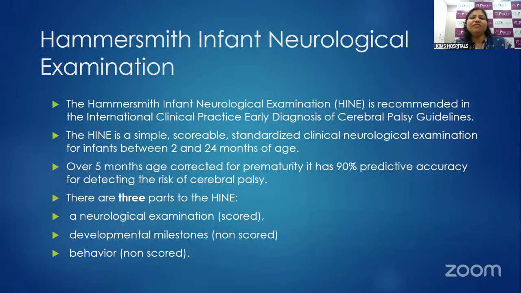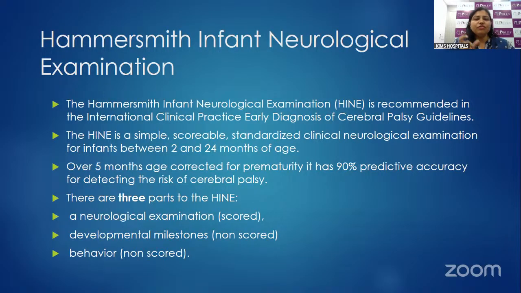Then comes the Hammersmith Infant Neurological Examination, and it is very much recommended, and it's used for early diagnosis of cerebral palsy. The HINE is a simple, scoreable, standardized clinical neurological examination for infants between 2 to 24 months.